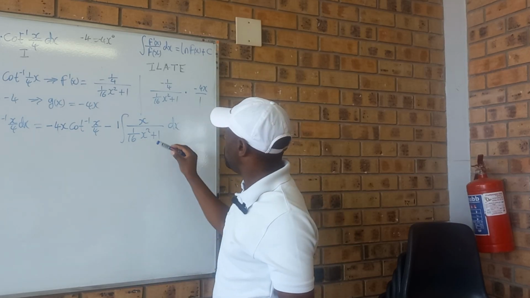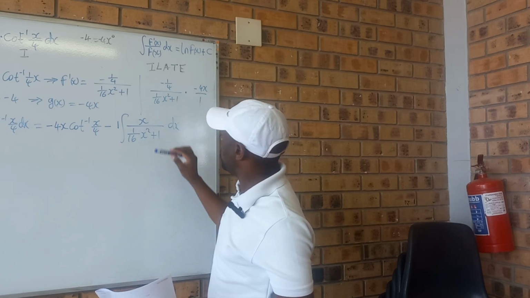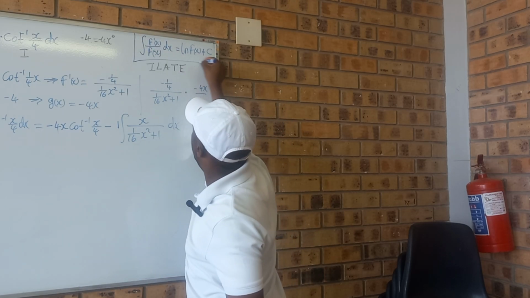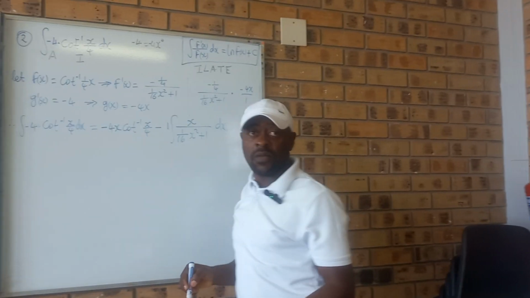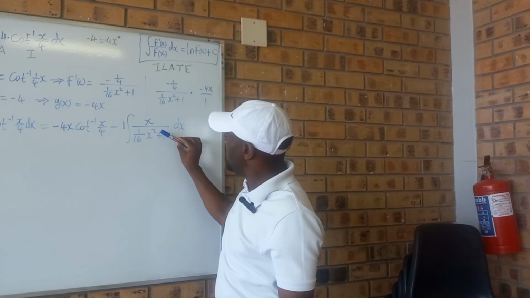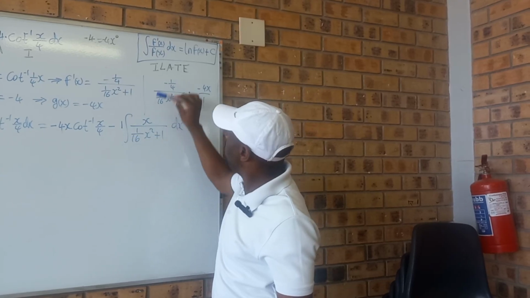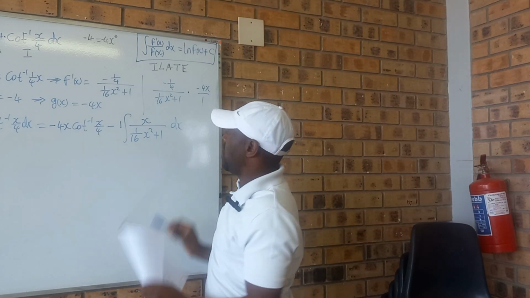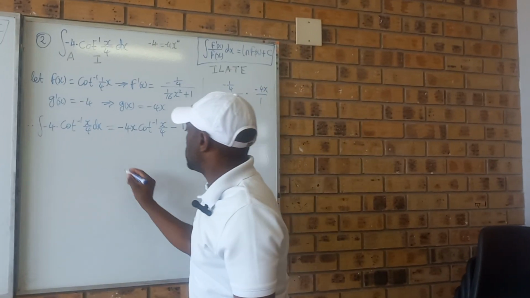With u substitution, we must differentiate something to create the other one. And since it's a fraction, the formula we've written up here is the formula for u substitution for a fraction. So u substitution for a fraction is very simple, because all you need to do is take the denominator, put it in the position of f, then differentiate and put it up there, then compare with the original problem. So I will simply do that.